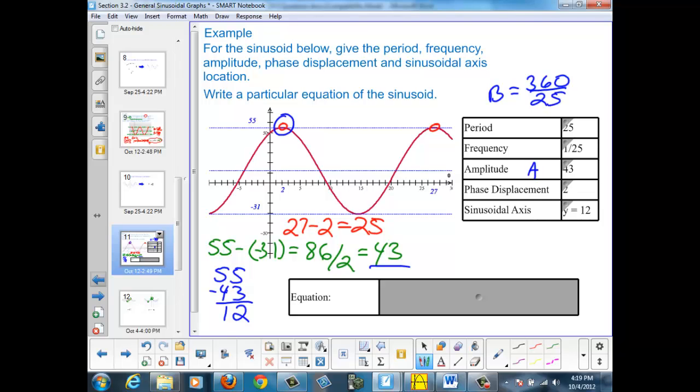Our phase displacement is our D value in the equation, and our sinusoidal axis is our C value. So if I take those values and put them into our equation, we see that y equals 12, our sinusoidal axis, plus 43, our amplitude, times the cosine of 360 over 25, which is the reciprocal of our dilation, times theta minus 2.